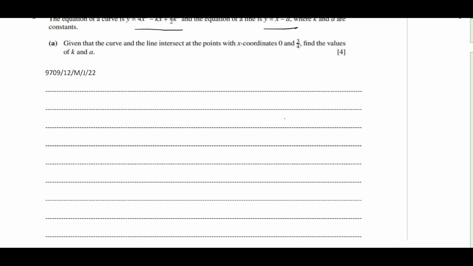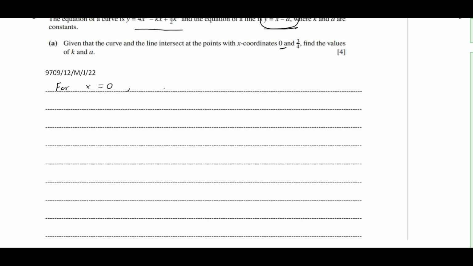So we can say that for the point with x coordinate 0, the point represented by the curve and the point represented by the line are going to be the same. So the y coordinate is also going to be the same.